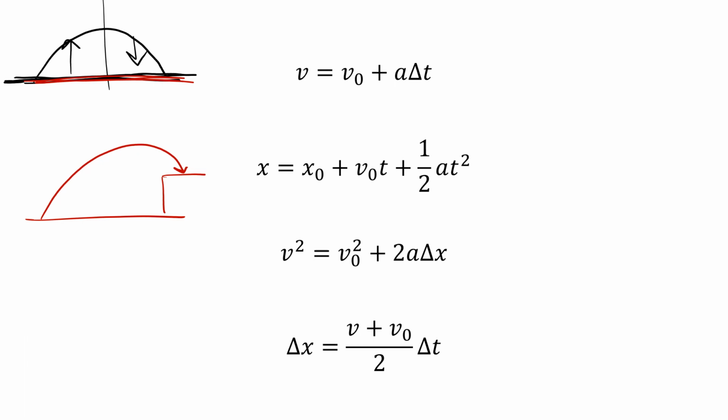How can you do that? Well, that's the case where you go from 0 to the max, and then you go from the maximum height back down to however far that is.